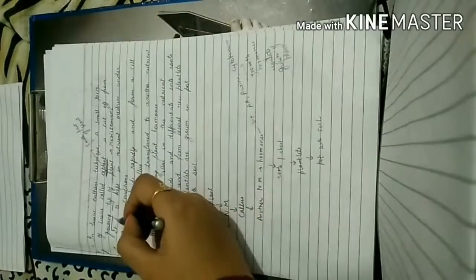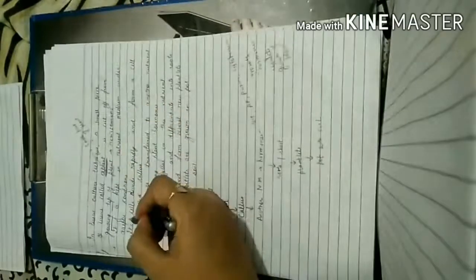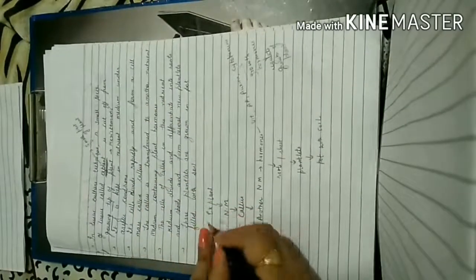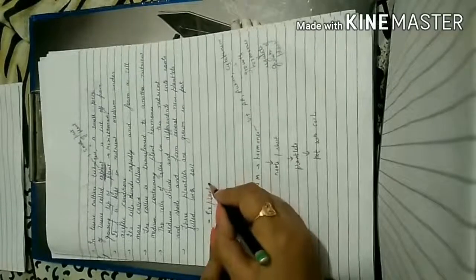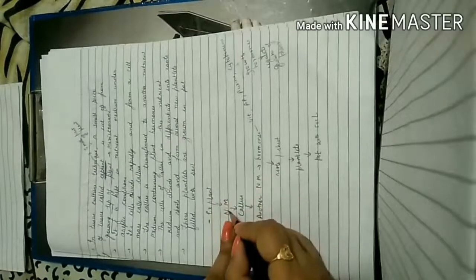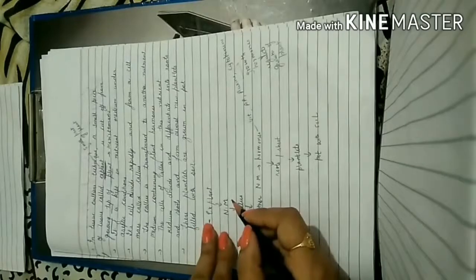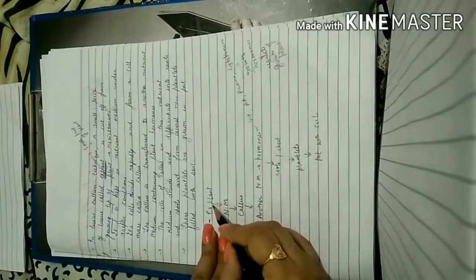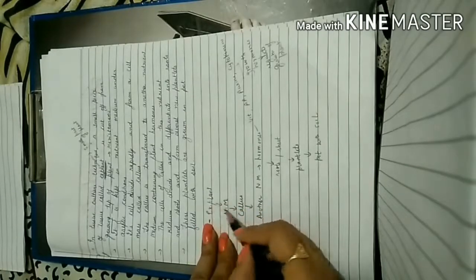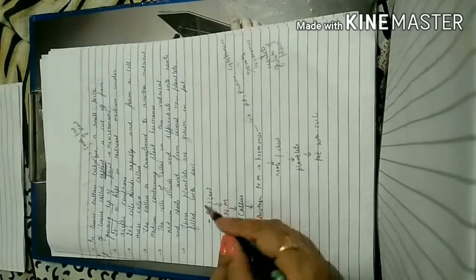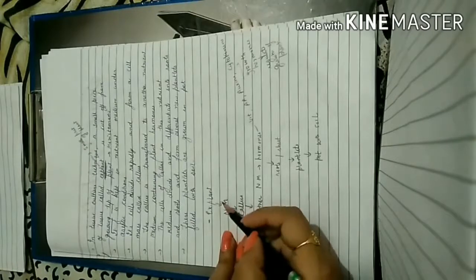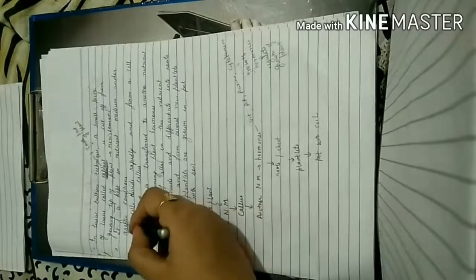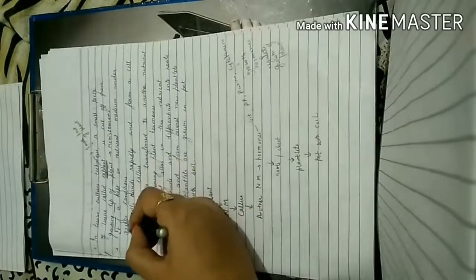Then it is kept in nutrient medium under aseptic condition. We have taken the explant, then we will transfer this explant, that is the small piece of tissue, into nutrient medium, right? But the condition here is that it should be done under aseptic condition.